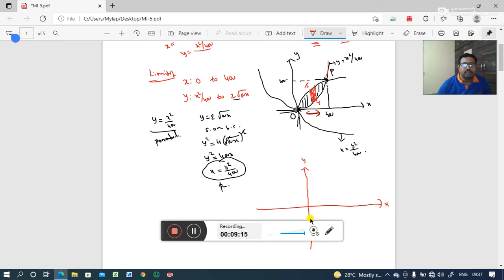X axis, y axis, so parabola, name y equals x square by 4a, and one more parabola, name is x equals y square by 4a, and here the point is 4a on the y axis, and at point x here 4a on the x axis. Origin is 0, 0.